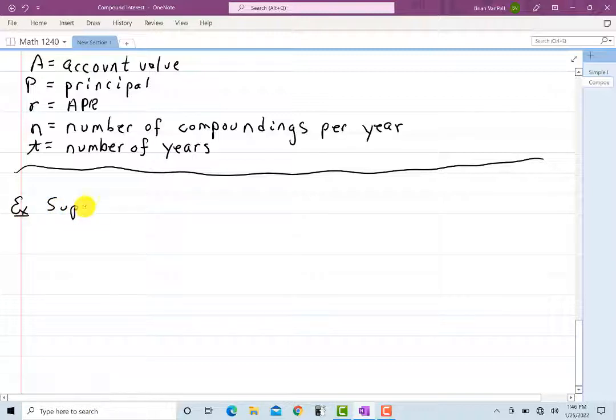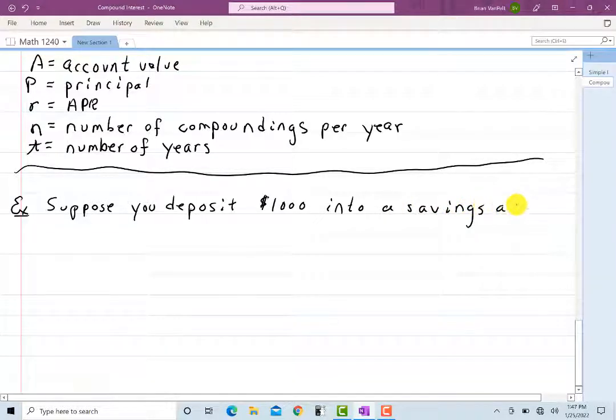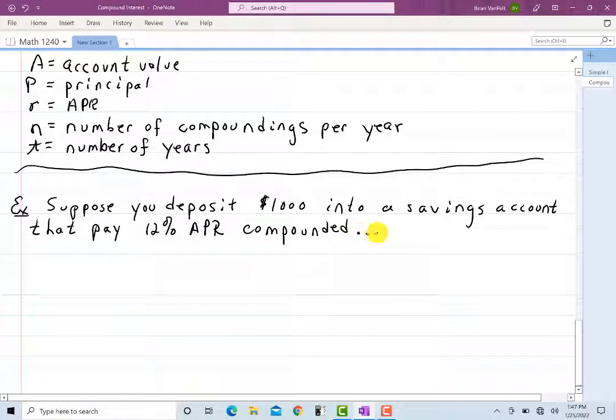So suppose you deposit $1,000 into a savings account that pays 12% APR compounded, and I'll put 3 dots because I want to do several examples at once.